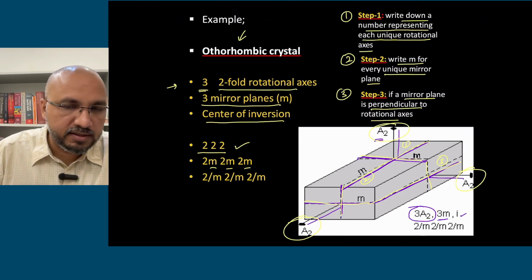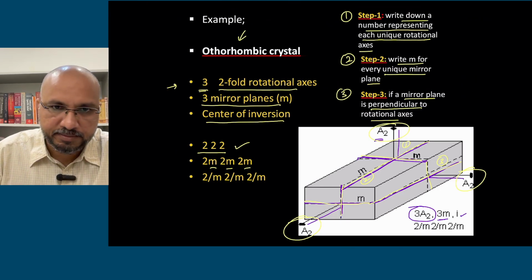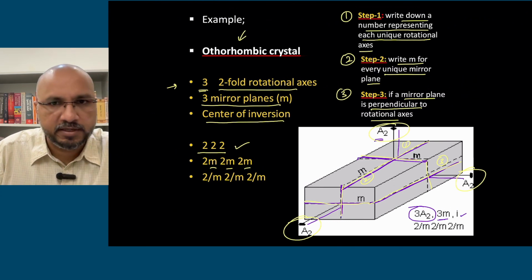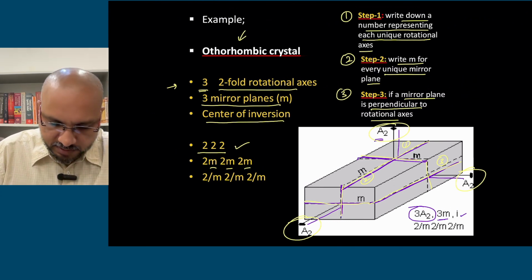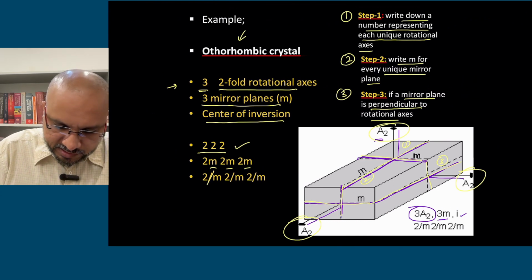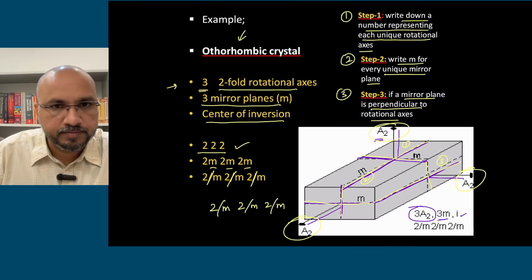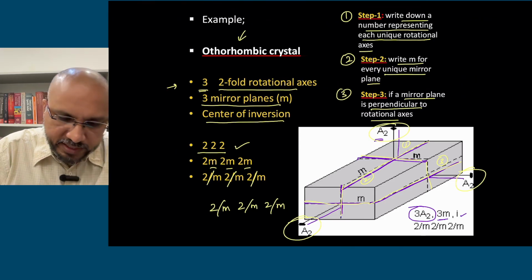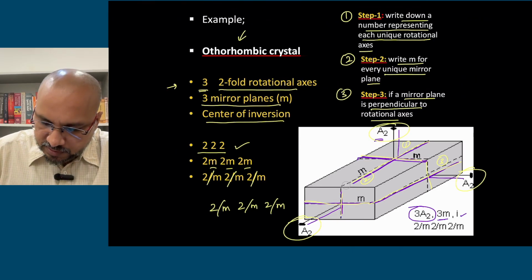And all of the mirror planes are perpendicular to the unique two-fold rotation axis. So you will write slash for all of them. So 2/m, 2/m, and 2/m. So the three mirror planes are all perpendicular to the unique two-fold rotational axis.